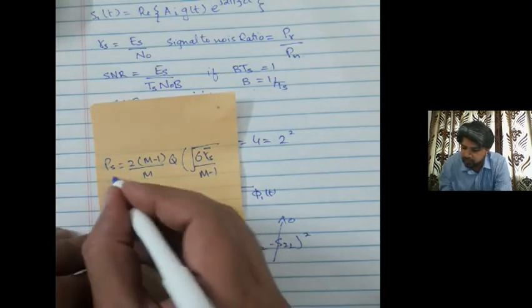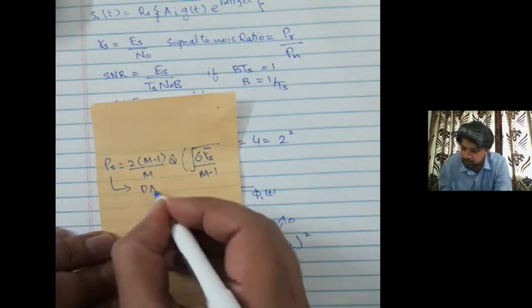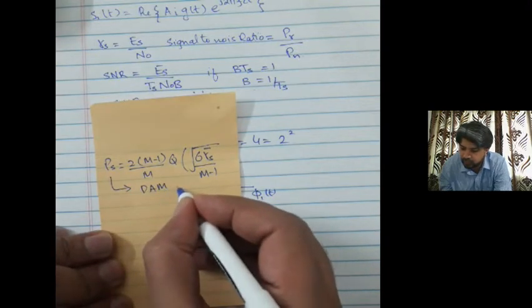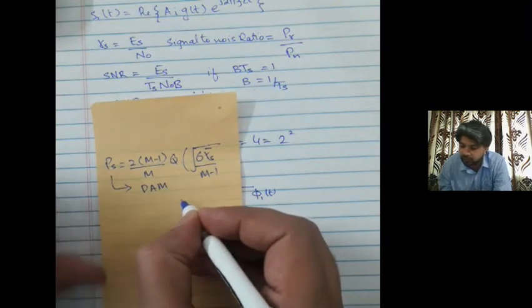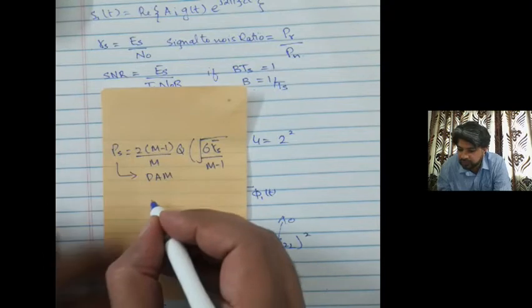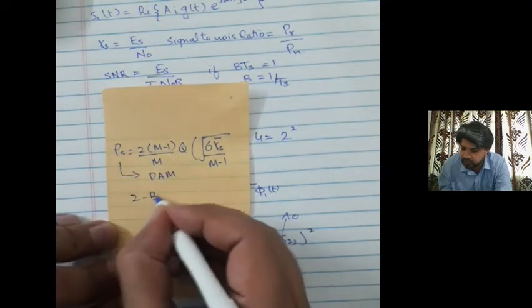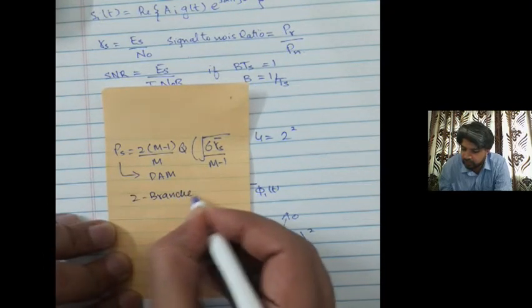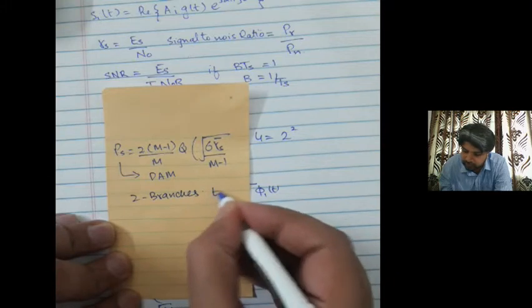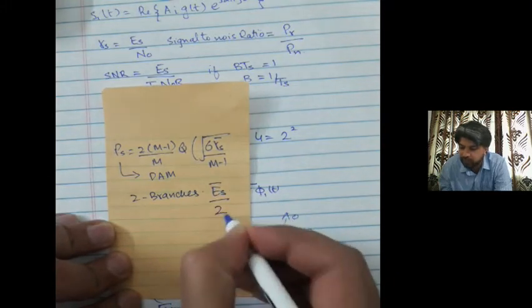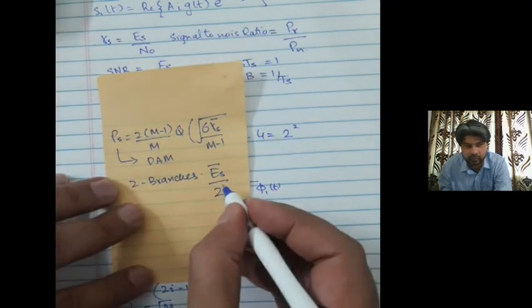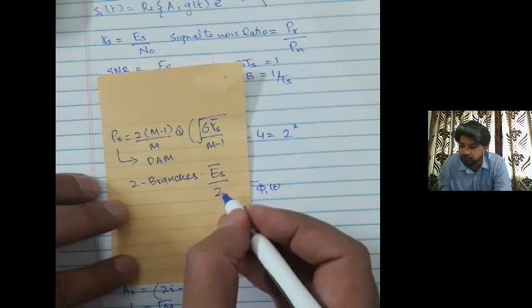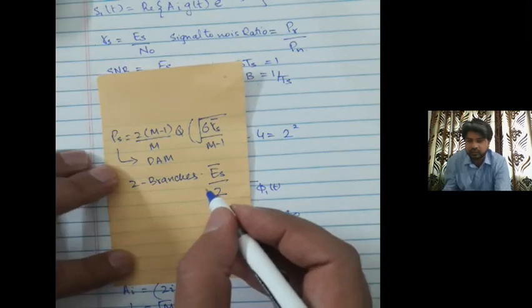That was the symbol error probability for M-ary pulse amplitude modulation. But now you have two branches, and each branch would get an equal amount of power, that would be equal to Es bar by 2. So in this case, your symbol error probability would change.